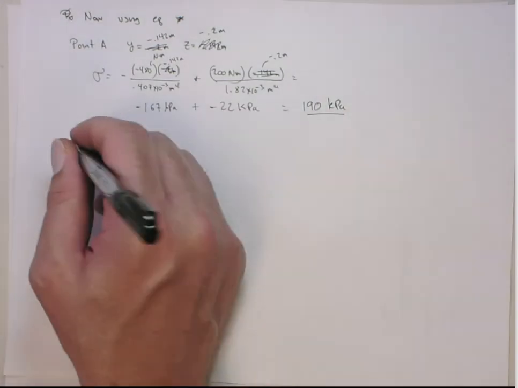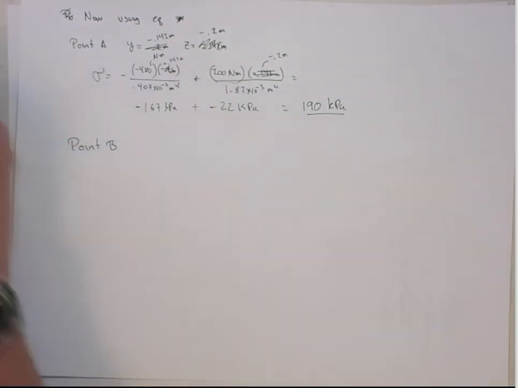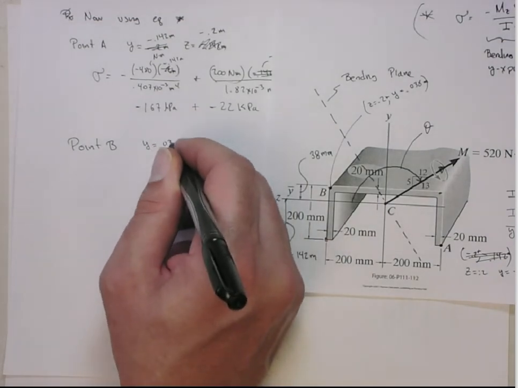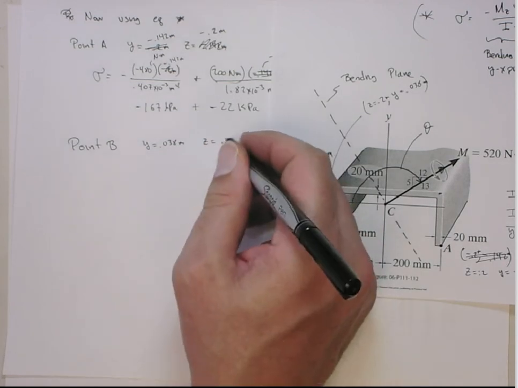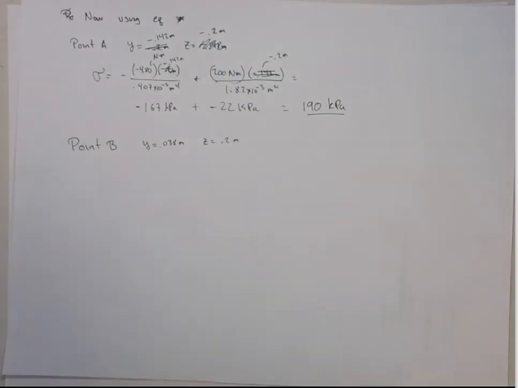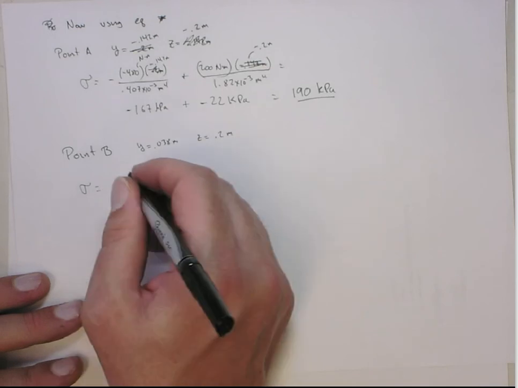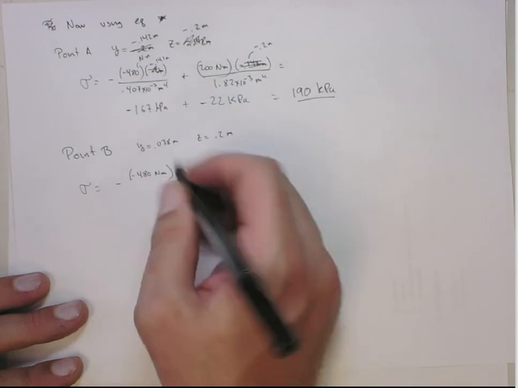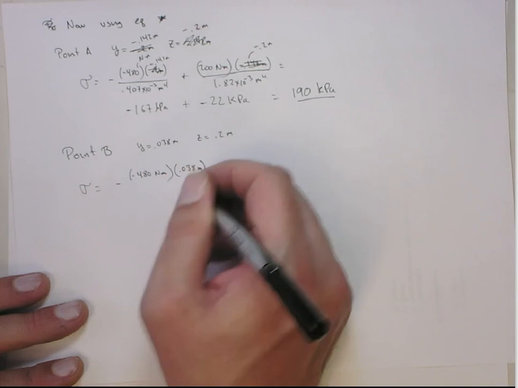All right, now we're going to do point B. At point B, we're going to use y equal to positive 0.038 meters, and z equal to 0.2 meters. Now at this point, the stress is going to be, again, minus 480 Newton meters, but then we put in here for y 0.038 meters.